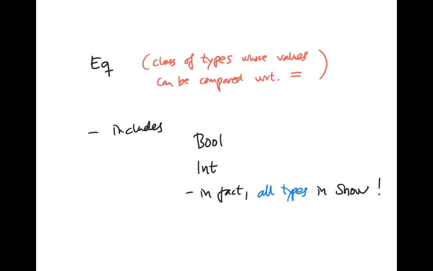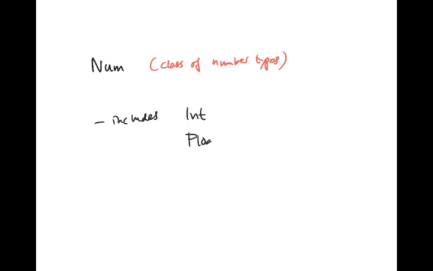A third type class is the type class Num. This is the class of number types. It includes Int and Float and many more. Is this class related to the other type classes?